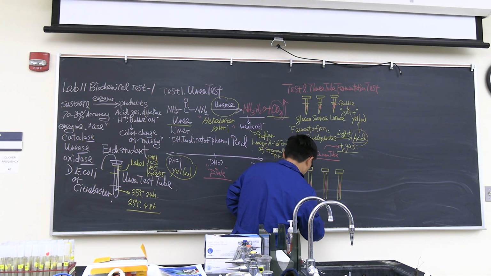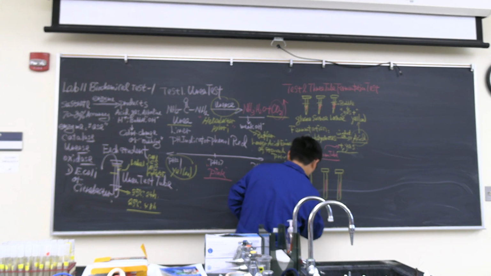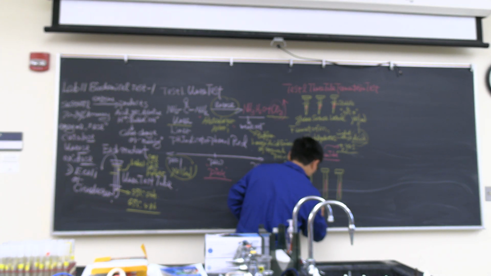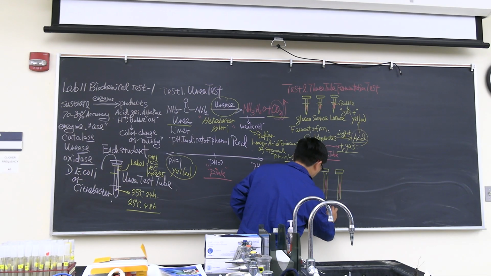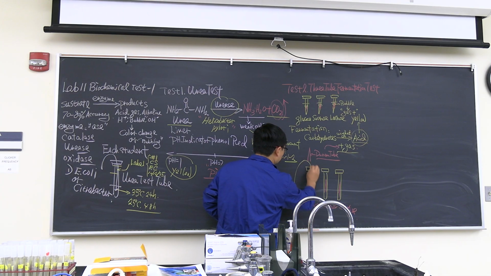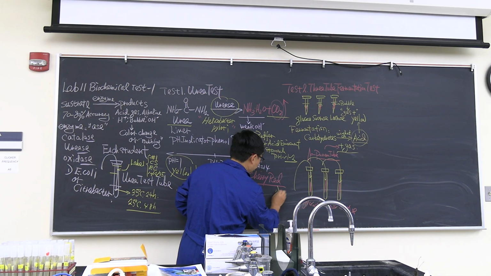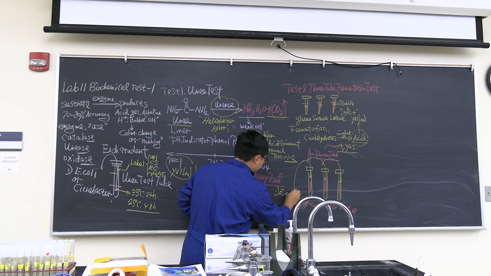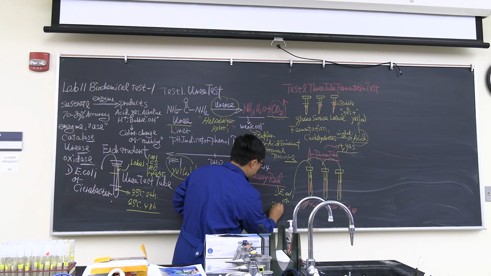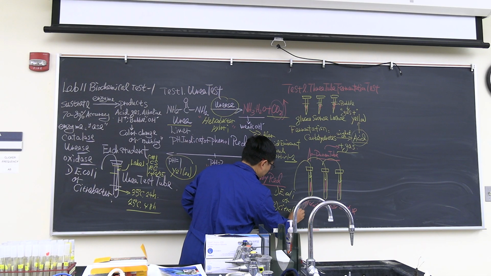You have glucose, sucrose, and lactose. We also inoculate the bacteria there. If you are doing E. coli, your batch partner is doing Citrobacter.